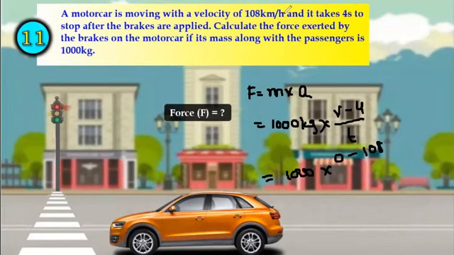You have to convert into meter per second: 108 into 5 by 18. If you cancel this, then you will get the answer. Or if you want to keep it in kilometer per hour, also no problem. That depends on you. The time is 4 seconds. So 108 into 5 by 18.